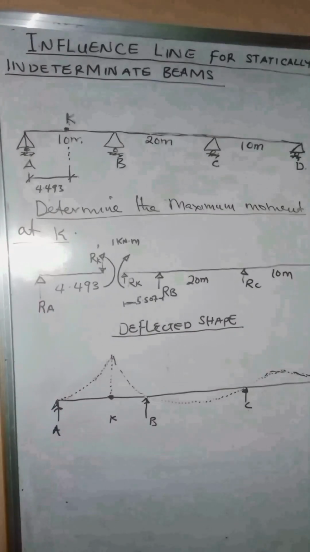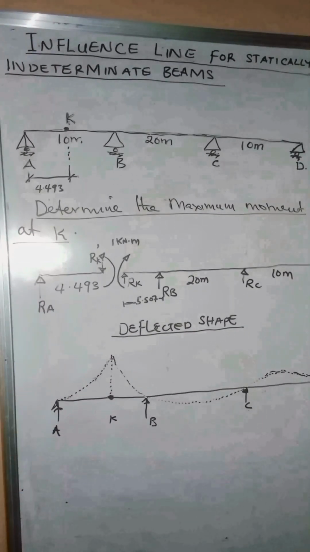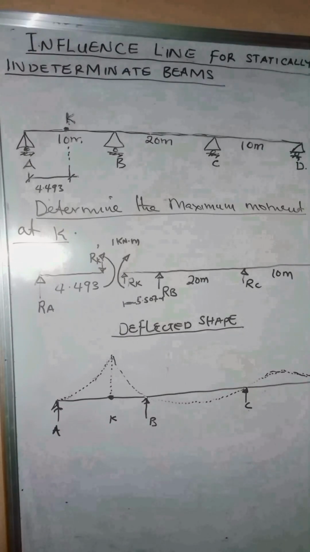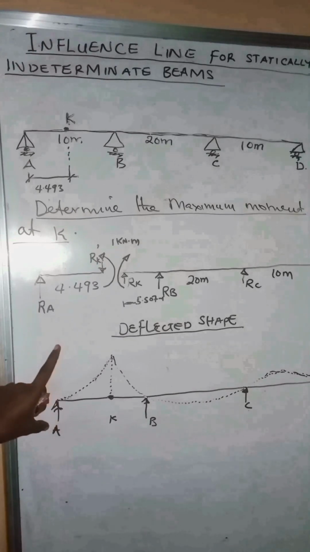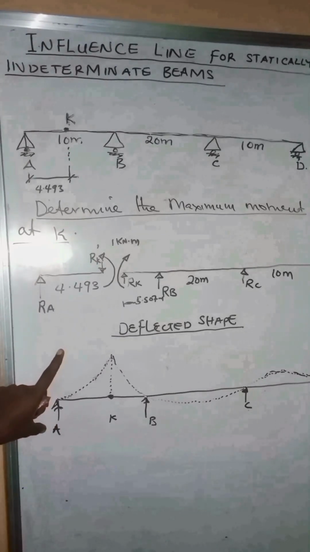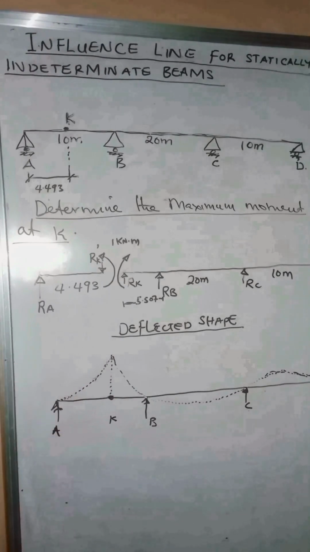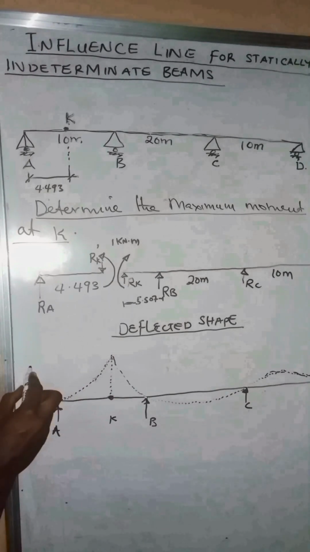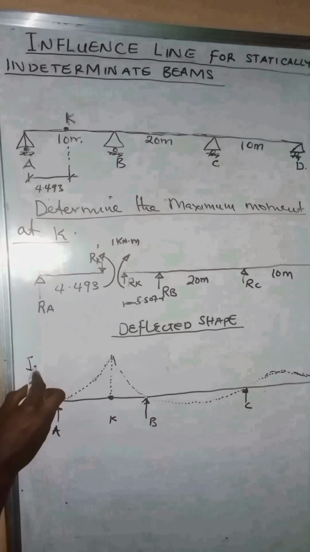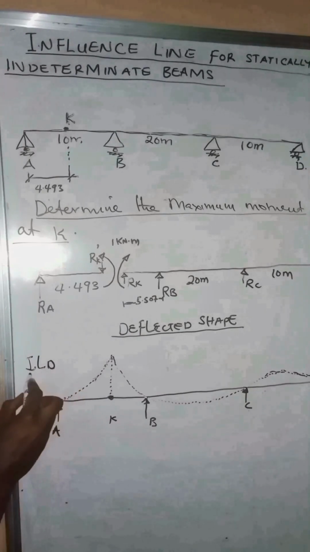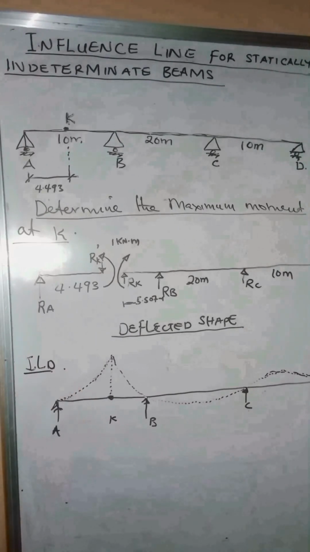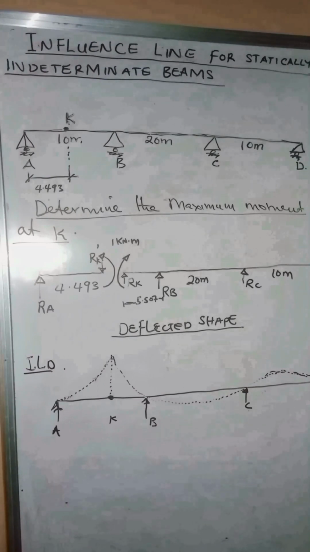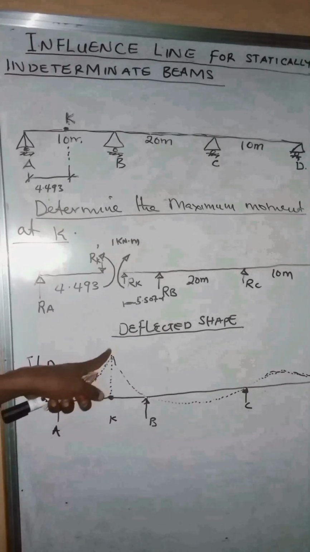So this is going to be the deflected shape of this beam when a unit couple moment is acted at point K. So this is the influence line diagram, ILD, for this particular beam at point K.